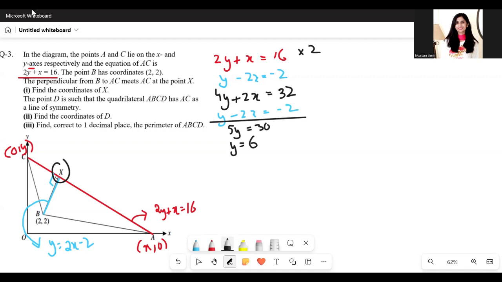If y is 6, we can substitute it in any one of the equations given, either this one or this one, and get x. I'm substituting it in the second equation. 6 minus 2x equals minus 2. I'm getting 8 equals 2x. I'm getting x equals 4. So then the coordinates of X come out to be (4, 6).